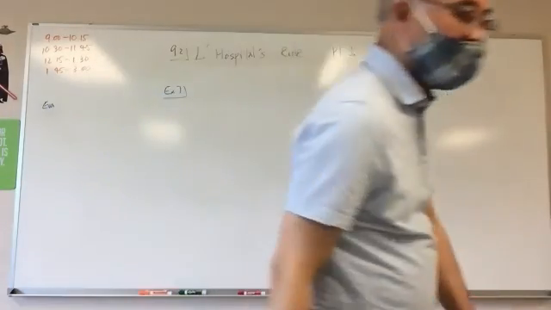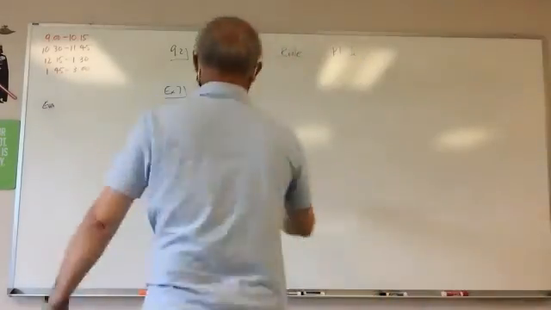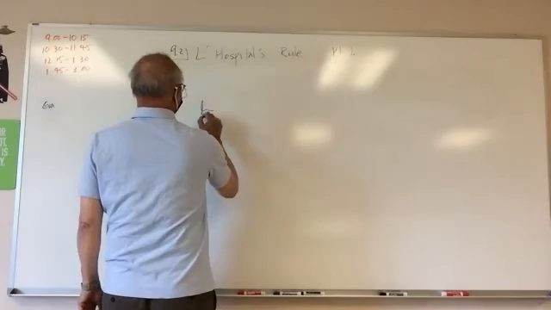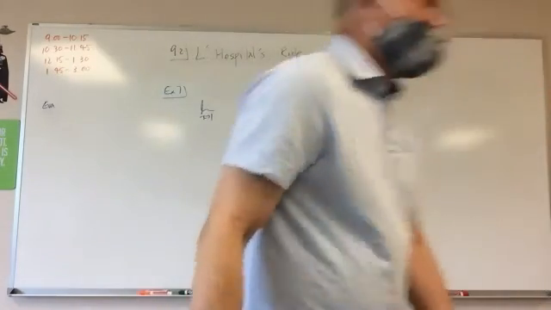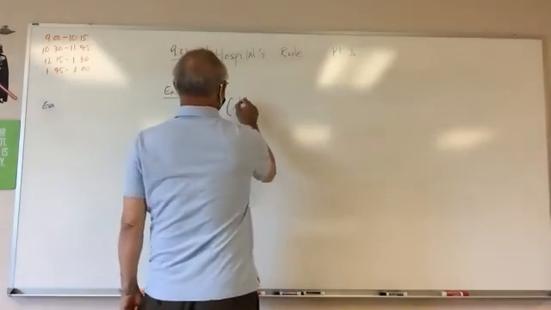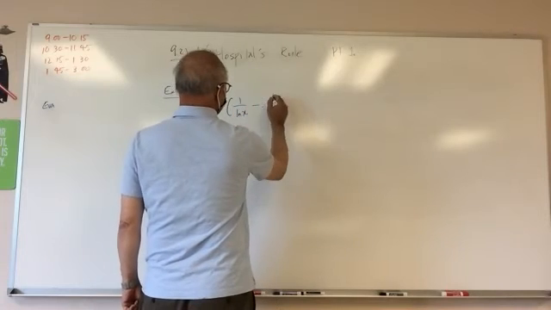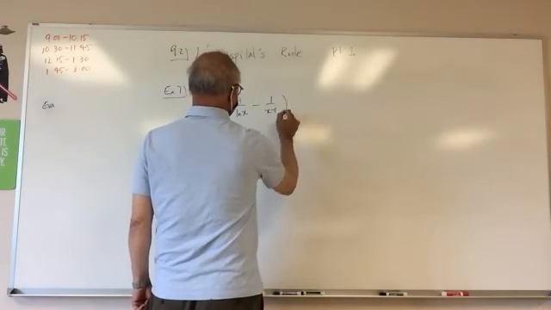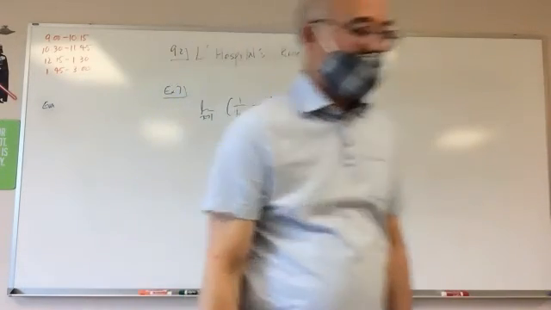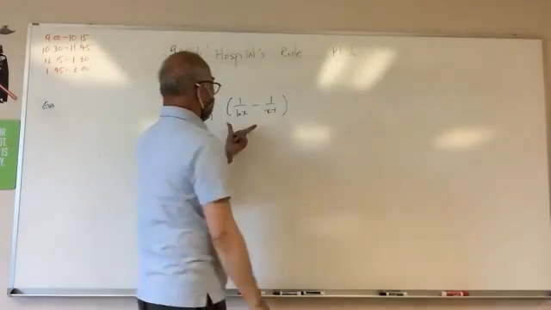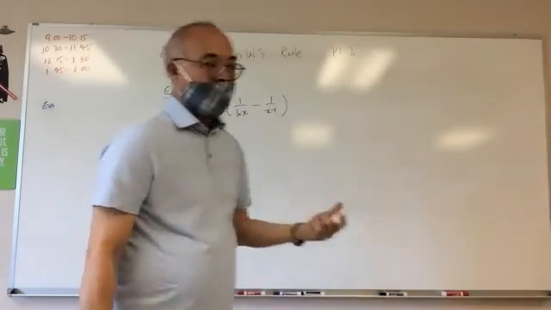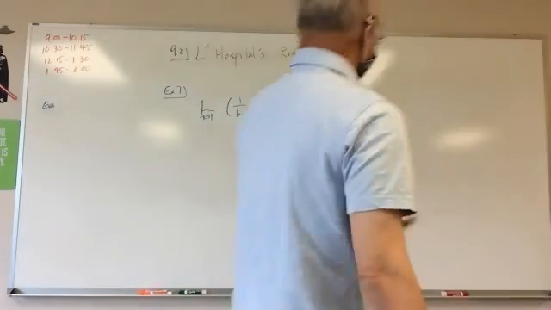We have the limit as x approaches 1 of 1 over natural log of x minus 1 over x minus 1. So the book says this is infinity minus infinity, right?